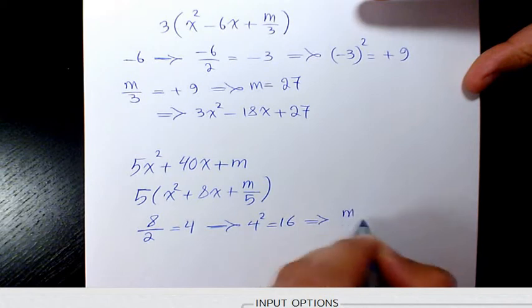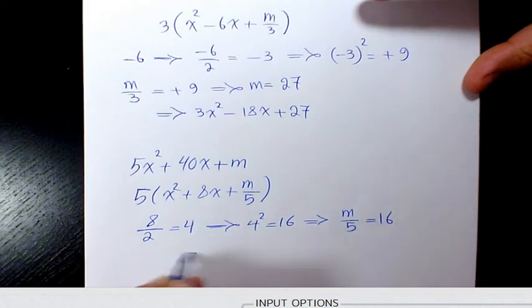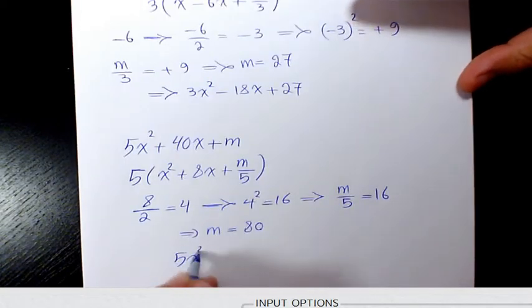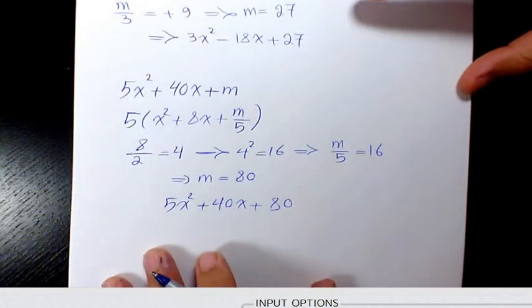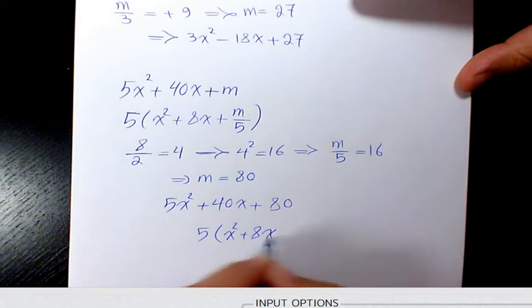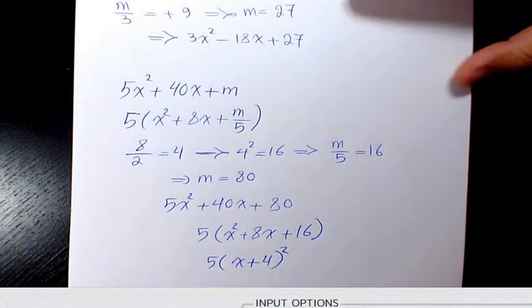Therefore, m over 5 is going to be 16. Therefore, m will be 5 times 16, which is 80. So we have 5x squared plus 40x plus 80. So basically it's going to be x squared plus 8x plus 16, which means that it is x plus 4 to the power of 2 if you want to factor it.